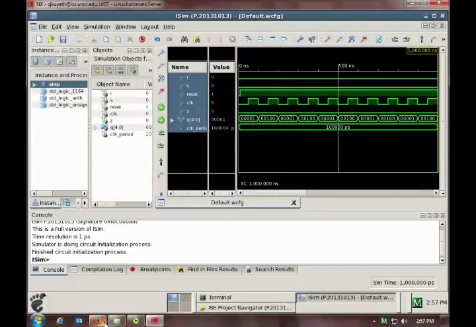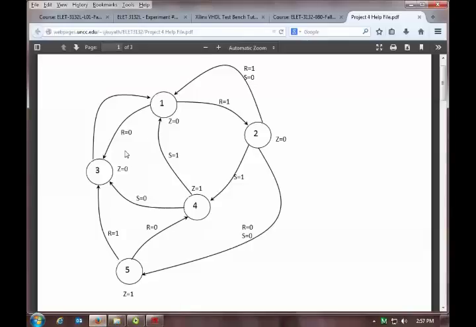So the next step is, if it goes from A to C and then back to A, the next thing we could do is say R equals 1 and see where it goes from there.